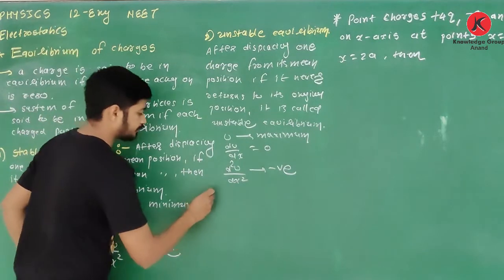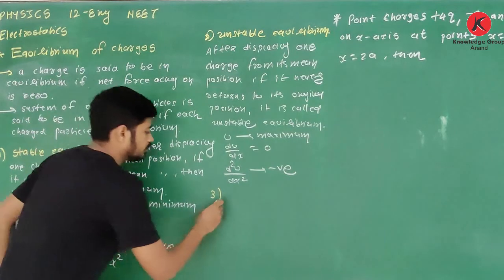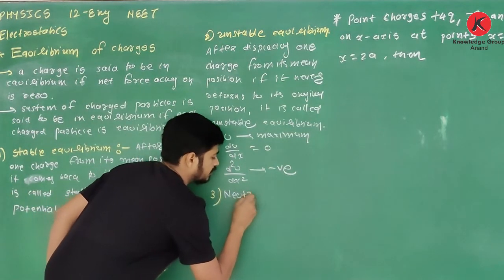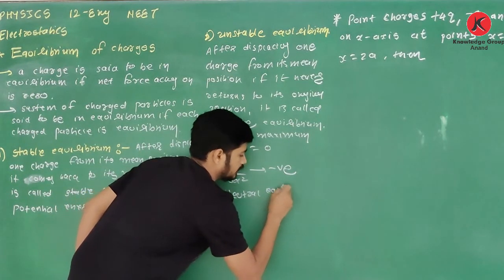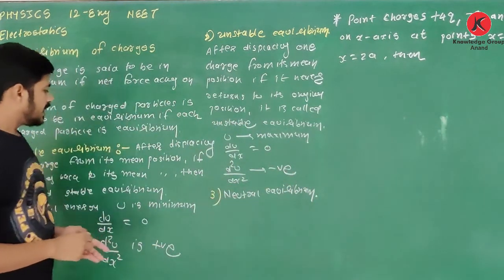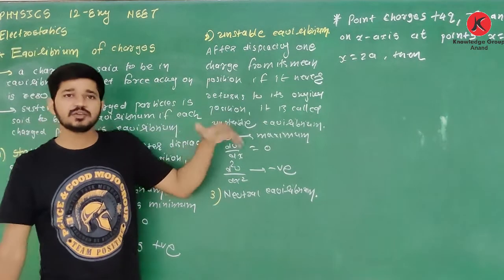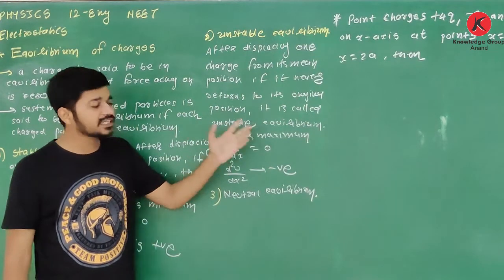Next, third, what is neutral equilibrium? In the earlier case, after displacing from mean position, it returns to its original position. In the unstable case, it will never return to its original position.